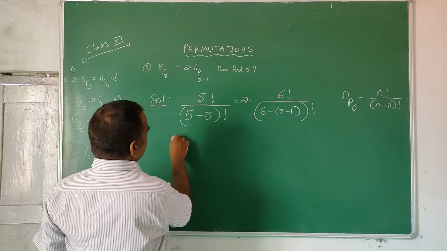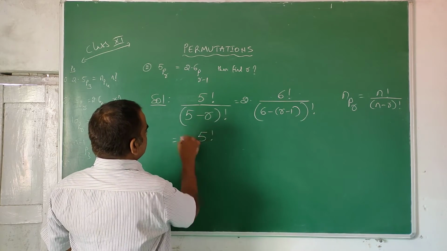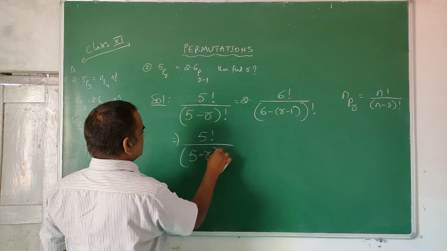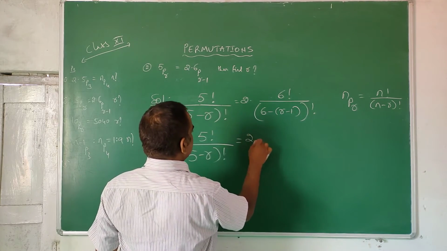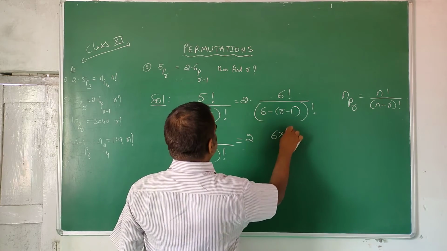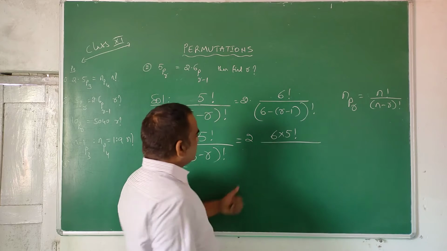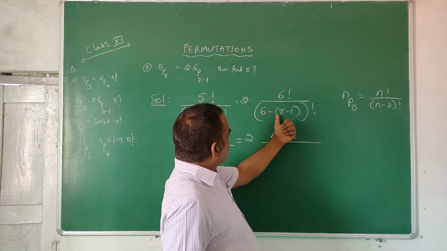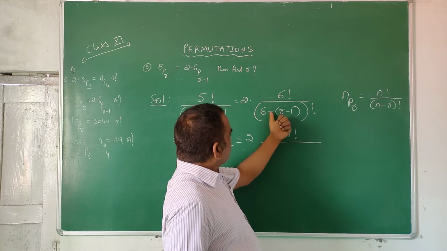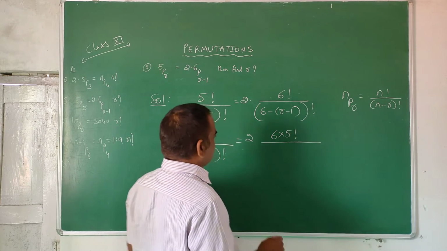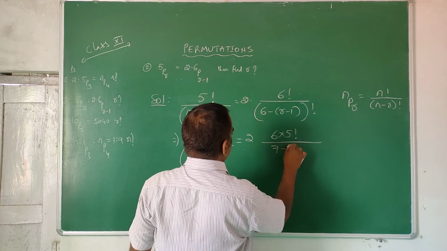So 5 factorial by 5 minus r factorial is equal to 2 into 6 factorial, which can be written as 6 into 5 factorial, over 6 minus r plus 1, that is 7 minus r factorial.